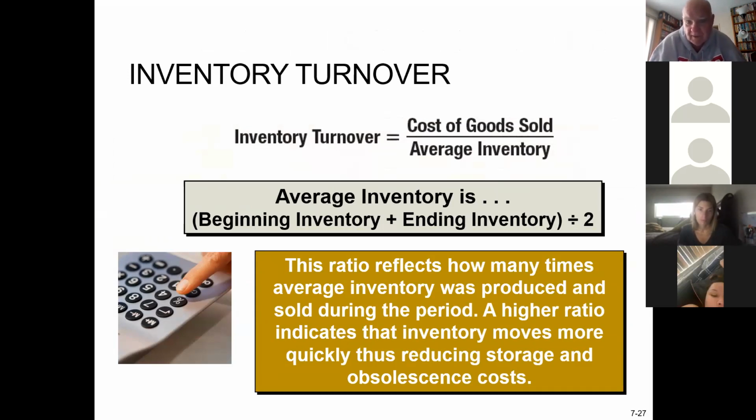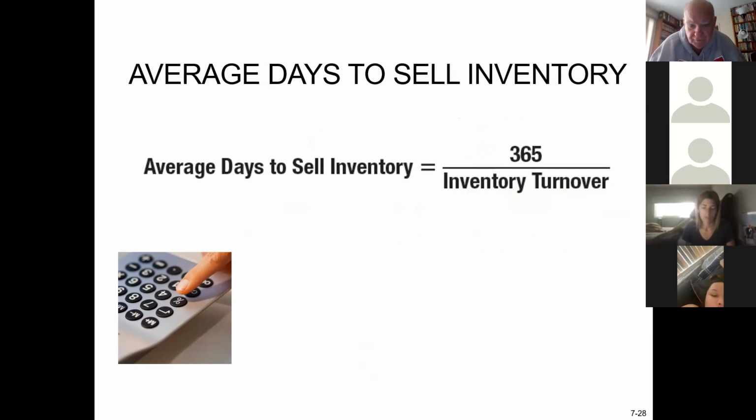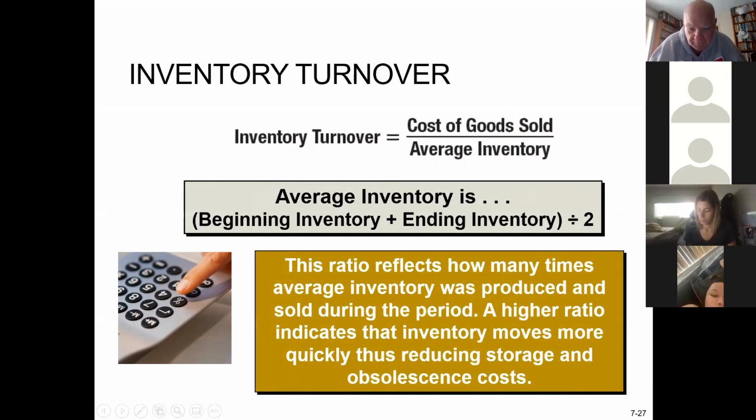Inventory turnover. I'm just going to explain this real quick. If you take the cost of goods sold and divide it by the average inventory, you get the inventory turnover.